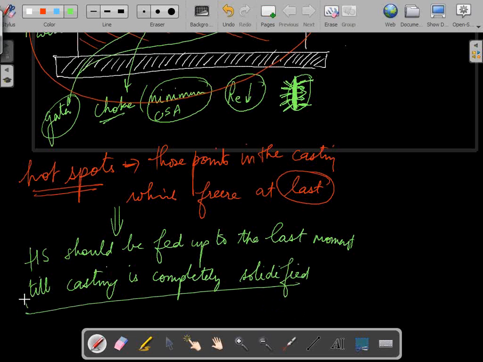This is a condition that is applied on hotspots, that they should be continuously fed by molten metal.